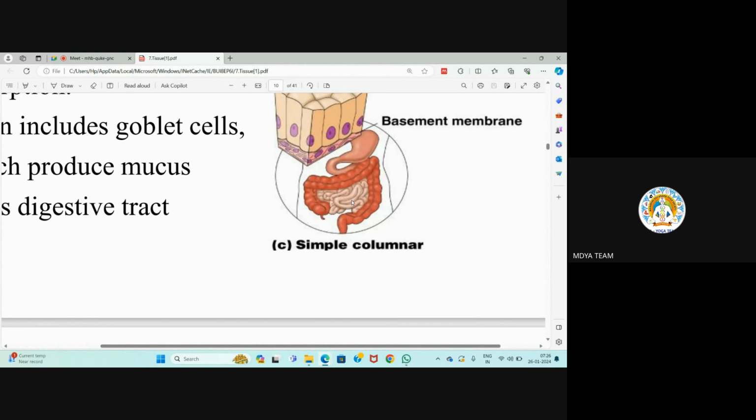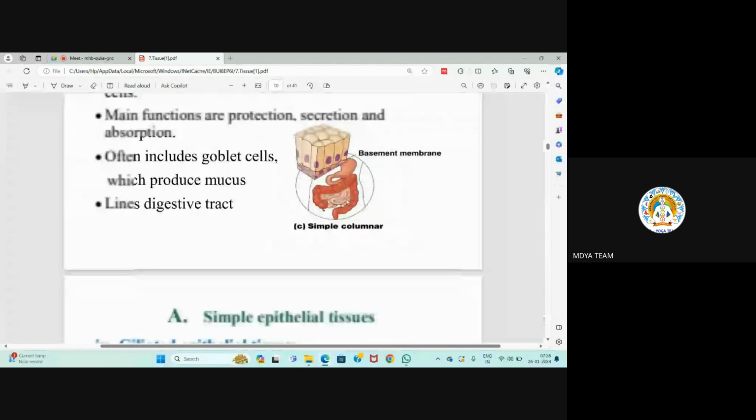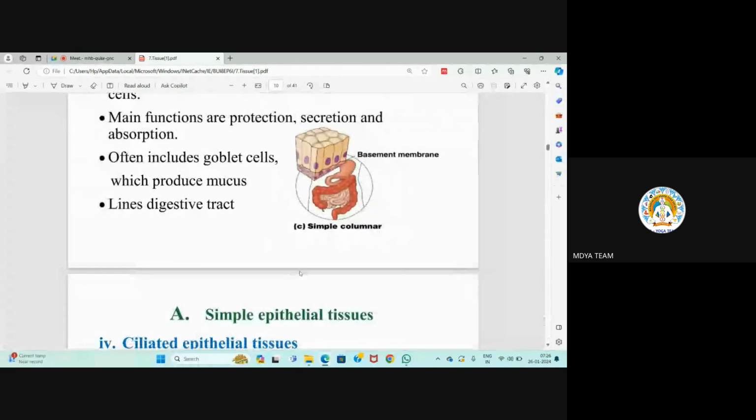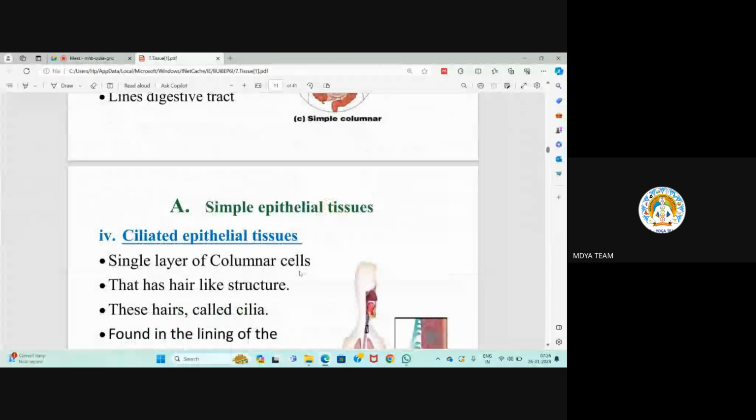Also in the small intestine digestive processes take part. So after digestion, absorption occurs in the small intestine, and those absorptions are done by villi. So in those villi, we can find ciliated epithelial tissue.